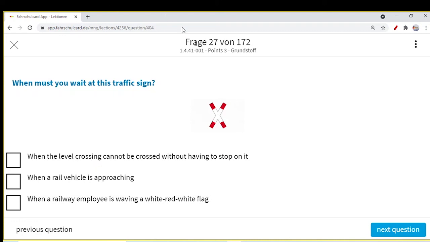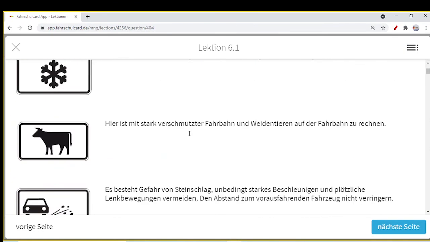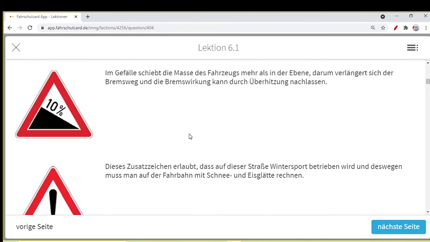So better if you wait near St. Andrew's cross. Even when a rail vehicle is approaching, you need to stop just in front of St. Andrew's cross and wait. Even when the railway employee is waving a white flag, you also need to wait at this St. Andrew's cross. I will try to show you if it's possible over here as well.